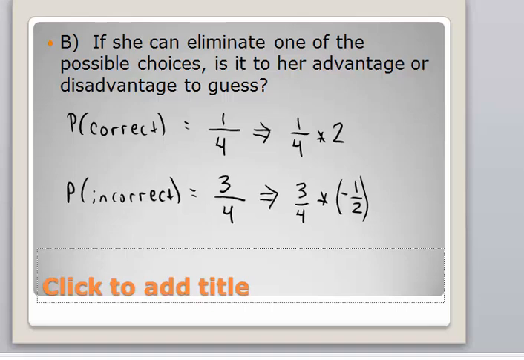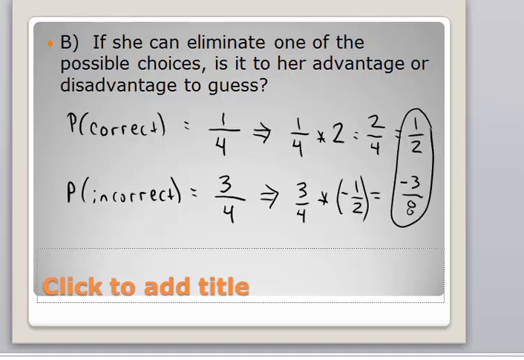So 1/4 times 2 is going to be 2/4, which will reduce to 1/2. For the incorrect, we're going to say 3 times -1 is -3. 4 times 2 is 8. All right, and again, to calculate your expected value, you're going to take these two numbers and add them together.